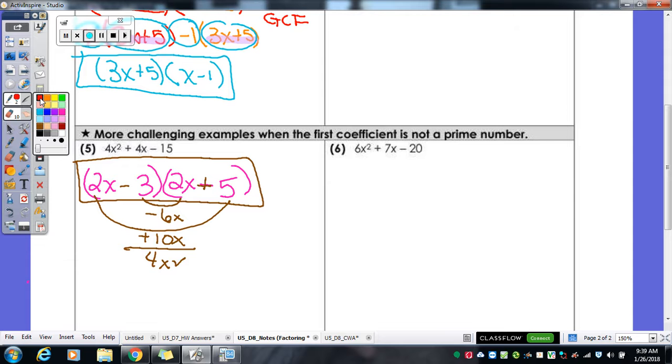All right, then 6. As I said, I'm going to do 6 like the other way. So we got to multiply first. 6 times 20. What do we get 6 times 20? 120. So we got to figure out the factors of 120 that would subtract to give us a 7.